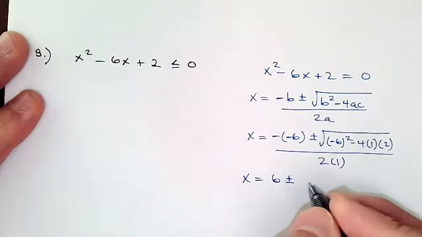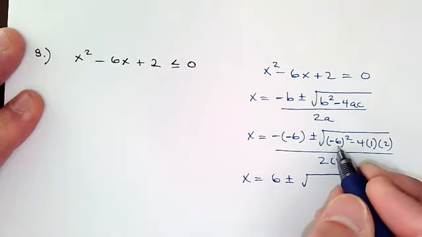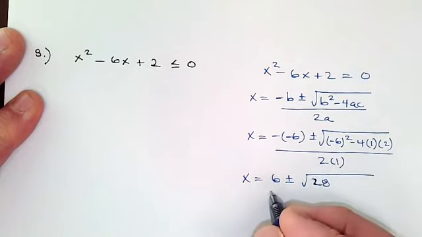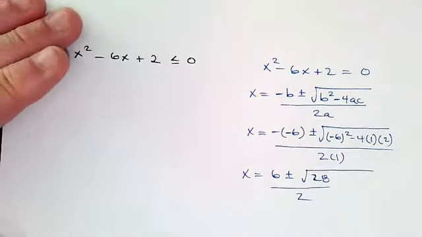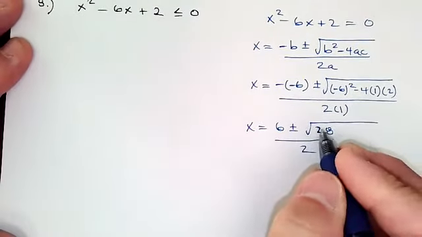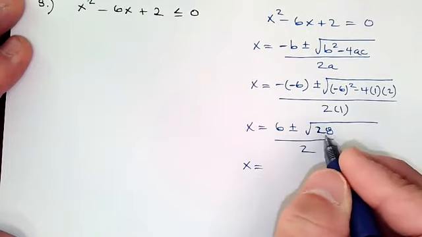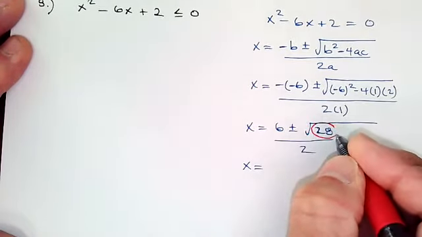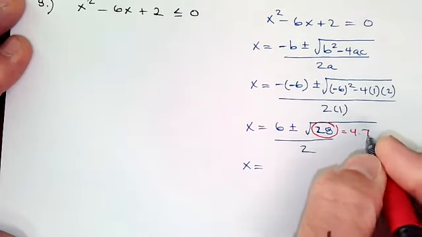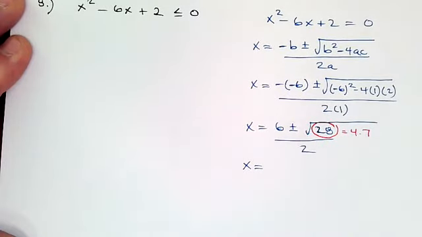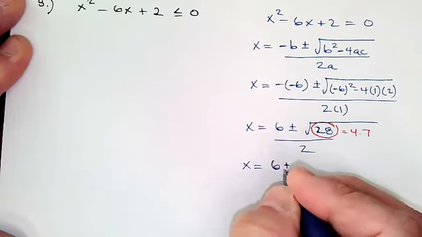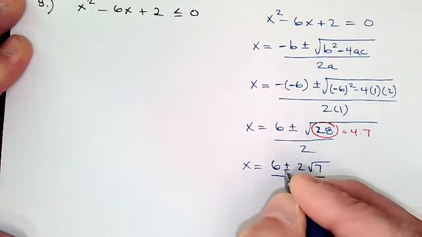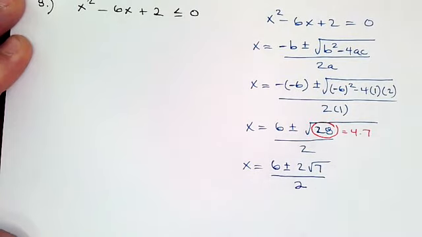That gives me 6 plus or minus the square root of 36 minus 8, which is 28. Remember, we try to pull out perfect squares from square roots if we can. 28 happens to be 4 times 7. So the square root of 4 is going to come out as a 2. So this is x equals 6 plus or minus 2 root 7 over 2.